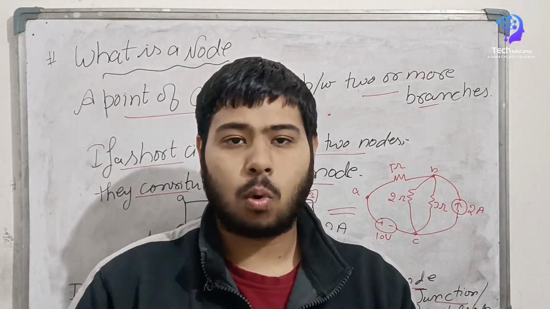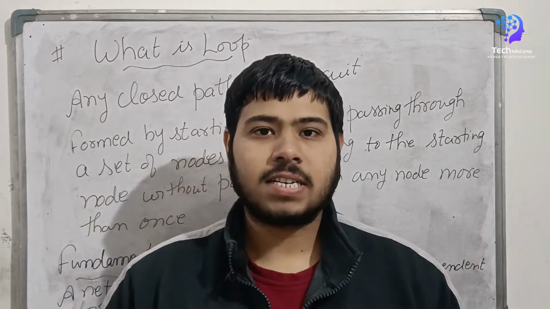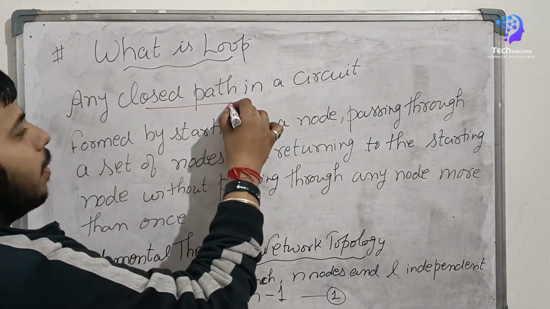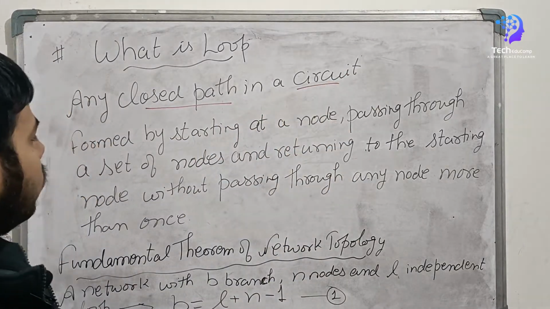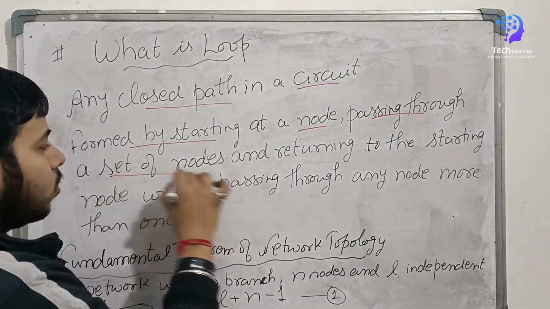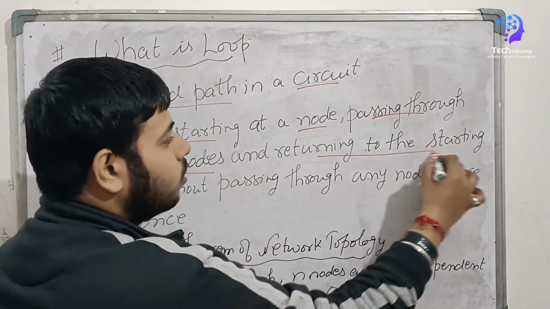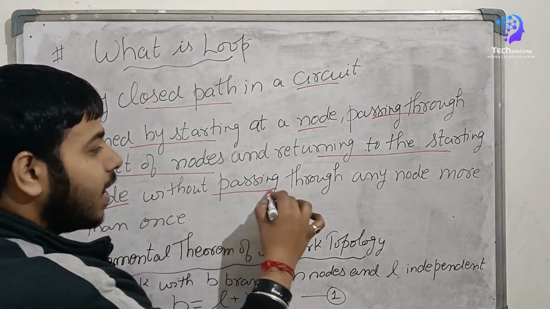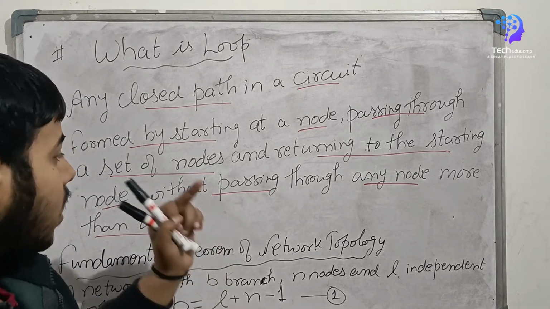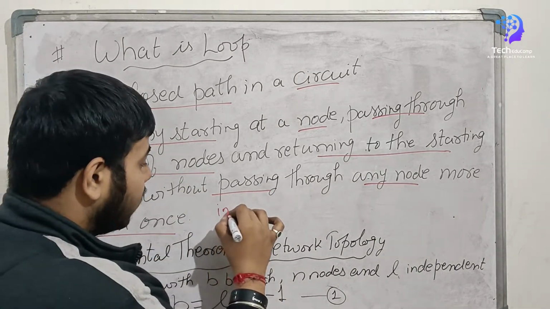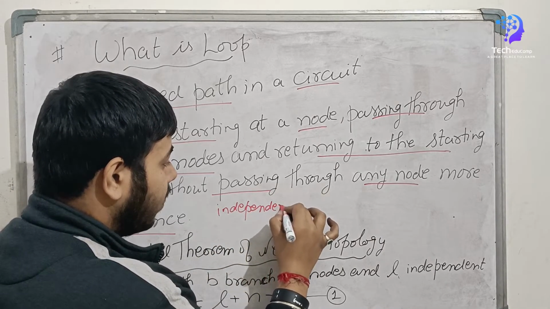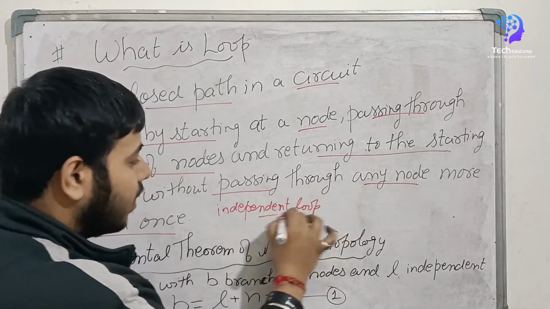Now let's understand what a loop is. A loop is any closed path in a circuit. It is formed by starting at a node, passing through a set of nodes, and returning to the starting node without passing any other node more than once. There is a small term known as the independent loop.